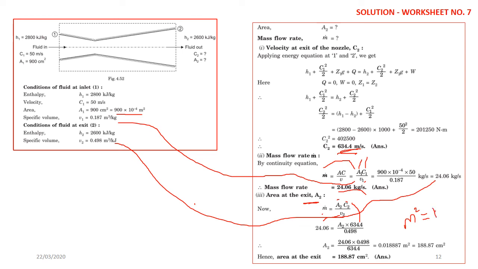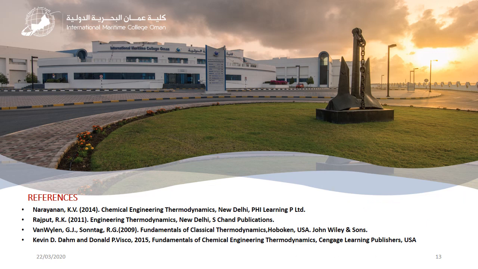Meter square to centimeter square, we multiply by 10 power 4. So multiply this one with this one, then we will get 188.7 centimeter square. Till here is also okay, but if I ask in centimeter square then you have to convert.